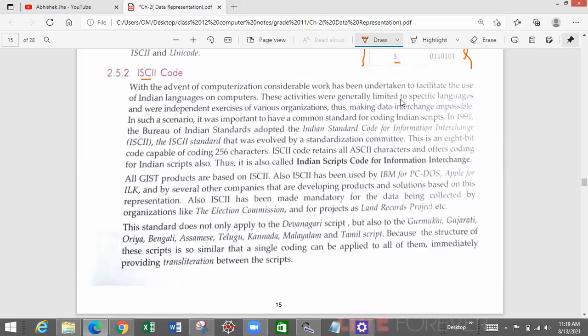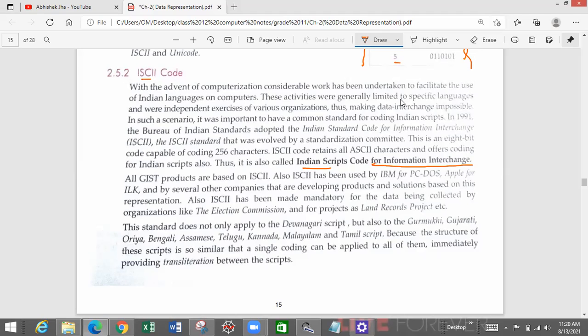Next is ISCII, which is Indian Script Code for Information Interchange. Nowadays, you have seen that India is growing in terms of IT and software engineering processes. So what we are trying to achieve here is that apart from English and many other international languages, Indian languages should also find their way into computing or the digital space.